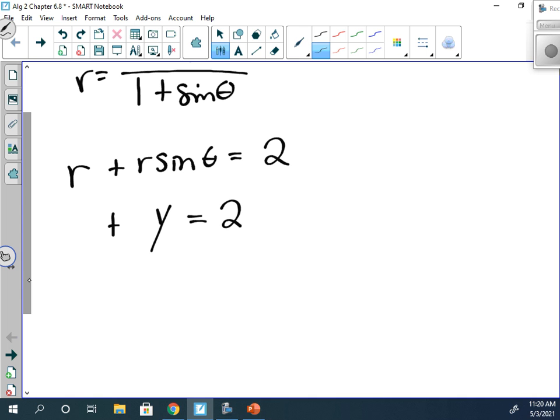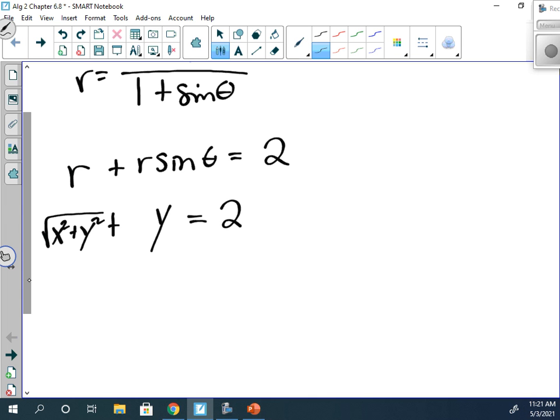R is really just the square root of x squared plus y squared, because since we have r sine, we can change to y. But r by itself, we don't have any way to rewrite it besides r is equal to the square root of x squared plus y squared.